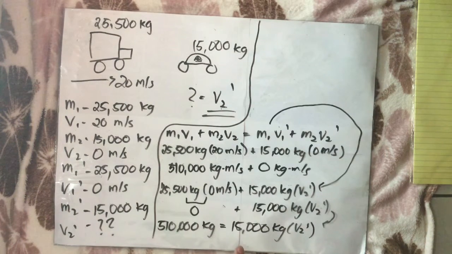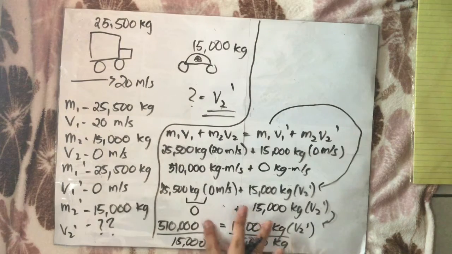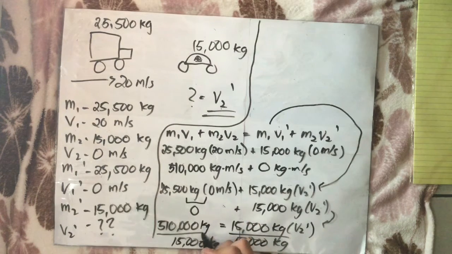And then after this, you can find V2 after if you cancel 15,000 kilograms. We will cancel the same units, divide, and then cancel this off.